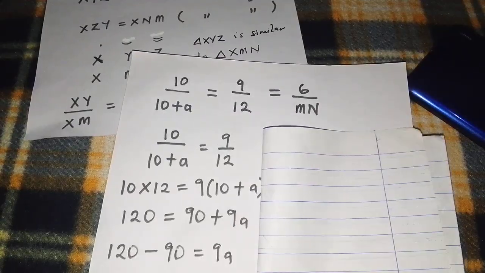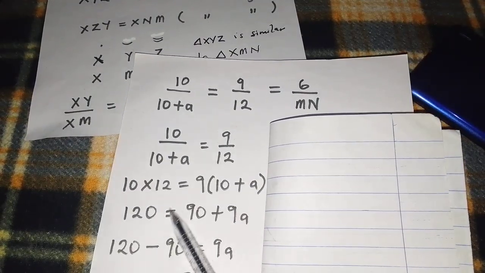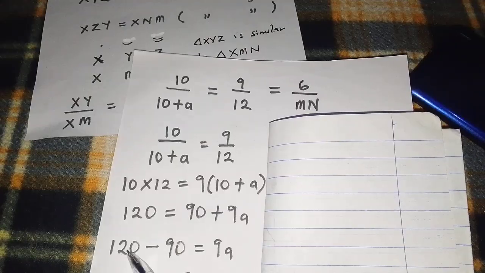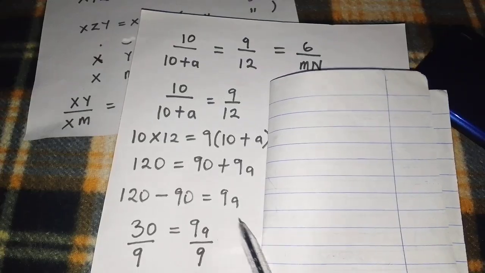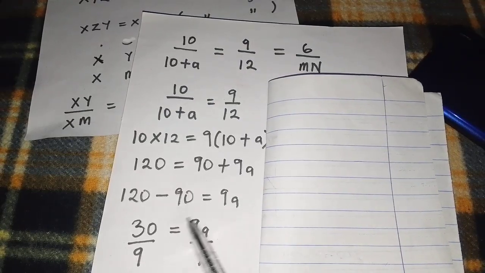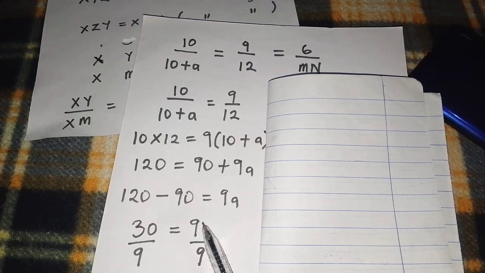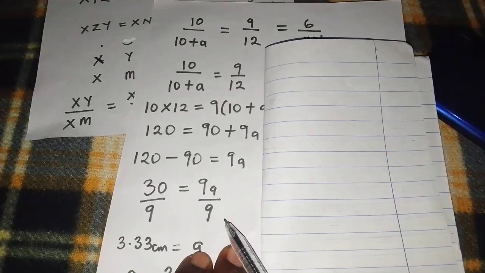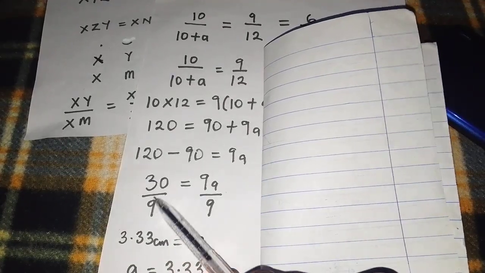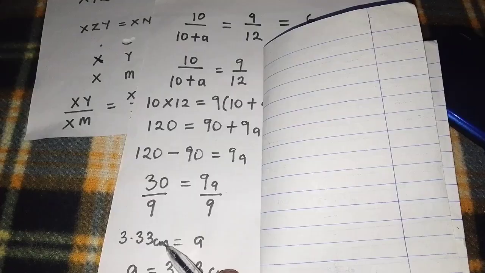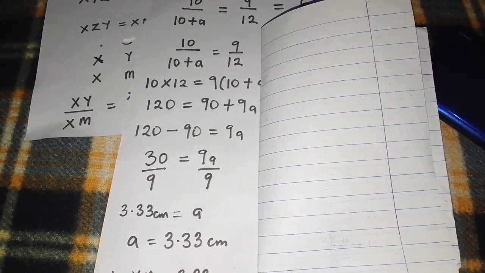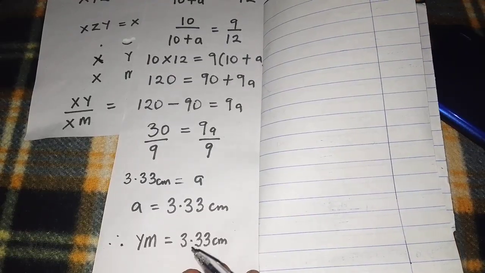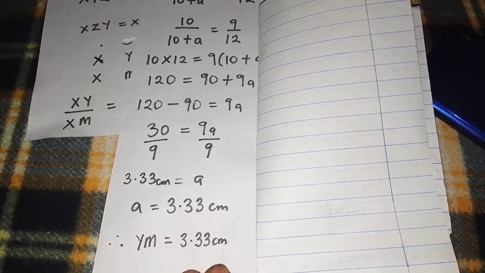Collect like terms: the 90 will come here to turn to minus 90. So 120 minus 90 is equal to 9a, which is 30 equals 9a. To get a, you divide both sides by the coefficient of a, which is 9. So 30 divided by 9 gives 3.33 centimeter, which is equal to a. So our YM is 3.33 centimeter.